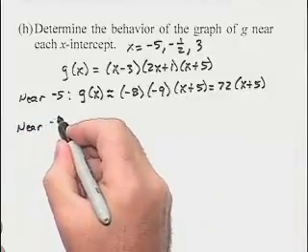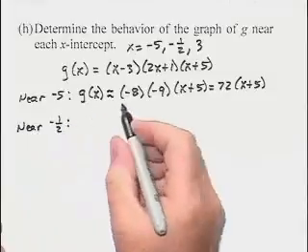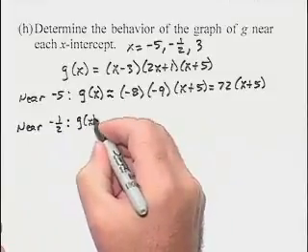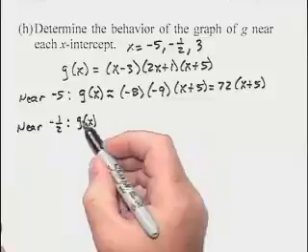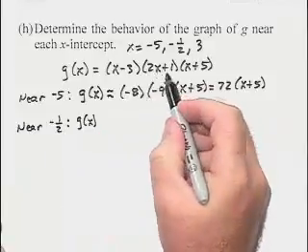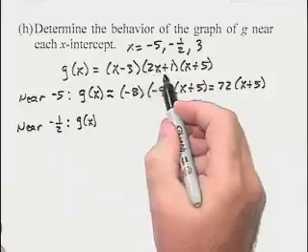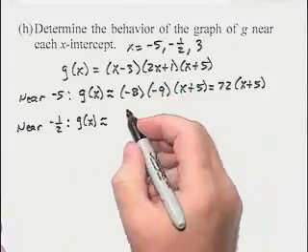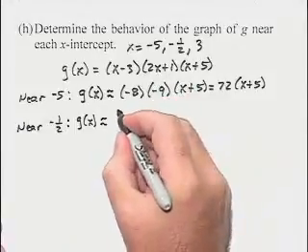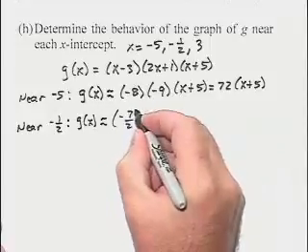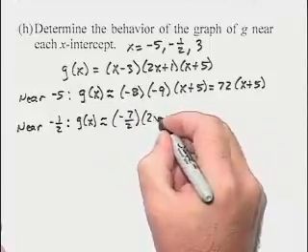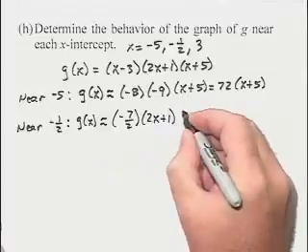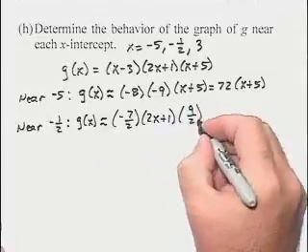Next, we'll look at the intercept -1/2 and do the same thing. We're going to let x equal -1/2 in each of the factors except for the factor that gave us this intercept. That is 2x plus 1 in this case. So g of x is going to be approximately -7/2 times 2x plus 1 times 9/2.